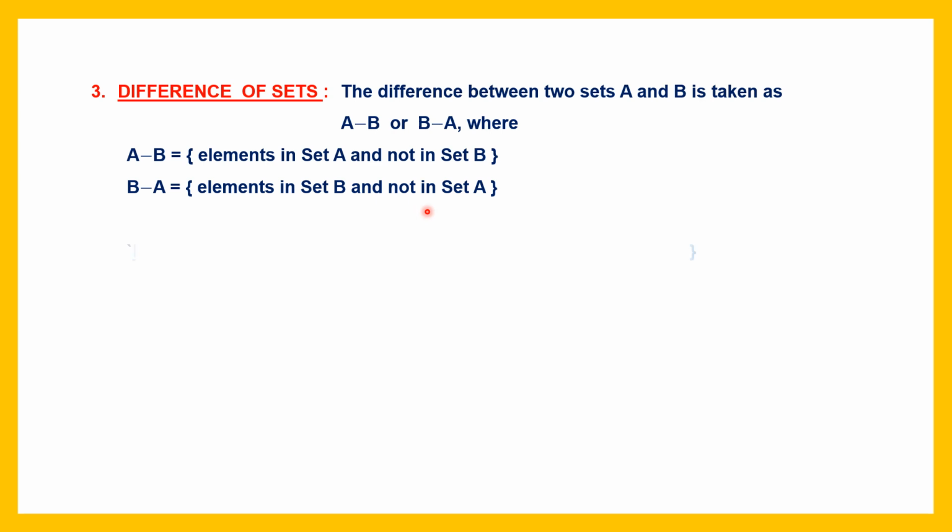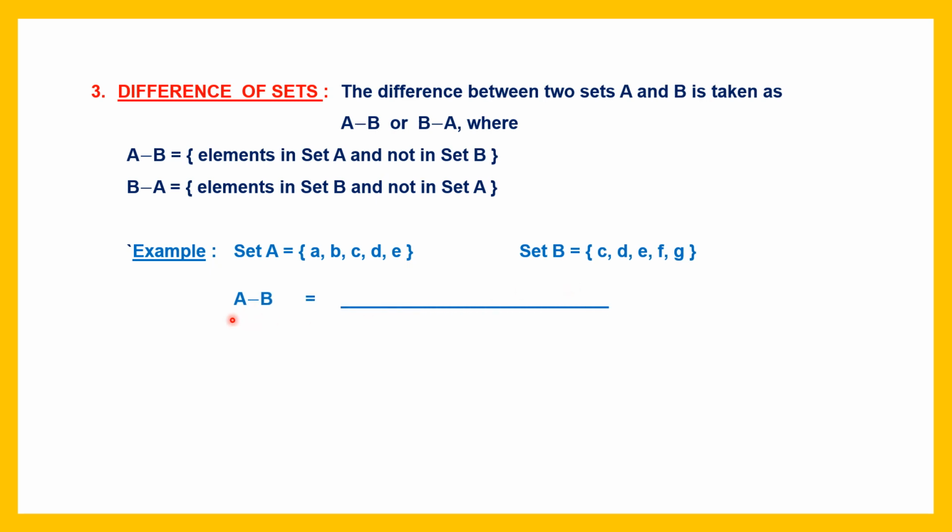Let's do this with the help of an example. Now example, we have set A and set B. Now if I have to say A minus B. So now we're going to look at all the elements of set A. And if they are not in set B, we can write it down. So we have A. Now let's begin with the curly brackets. Now here. So A is not there in set B, so we can write that.